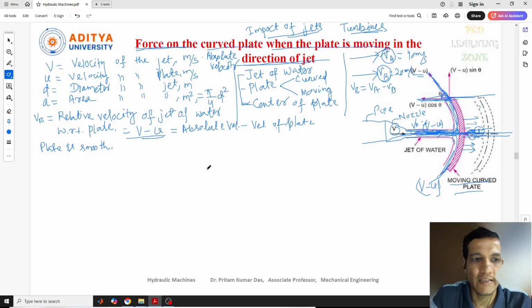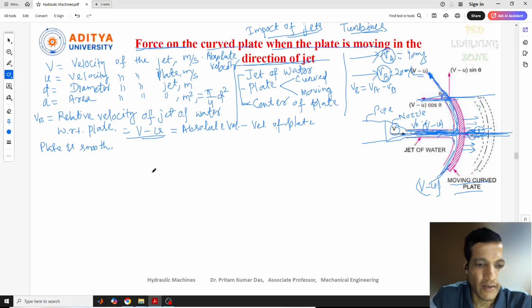So this is theta. Now we need to resolve this velocity into two components, because to find the force exerted by the jet of water on a plate, we need to consider only the normal component. So we need to resolve this velocity in the y direction as well as the x direction.